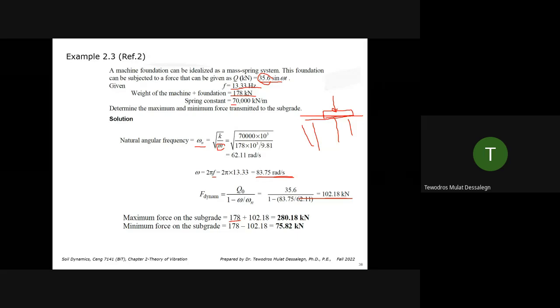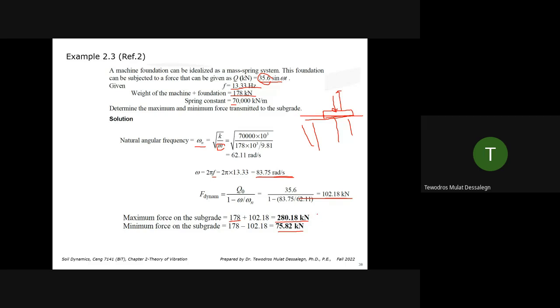That's the maximum force acting when the vibration is downward, putting pressure on the soil. So you have 280 kilonewton. When the motor is vibrating upward, that's the least force you can have on the foundation. That would be 178 minus the dynamic component, 75.82 kilonewton.